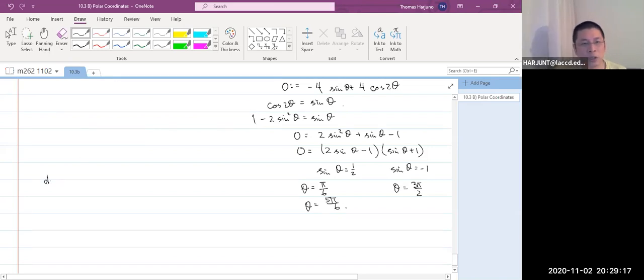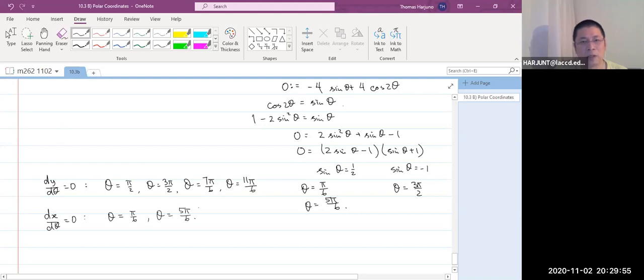In other words, dy d theta equals 0 when theta equals pi over 2, 3 pi over 2, 7 pi over 6, 11 pi over 6, while dx d theta equals 0 when theta equals pi over 6, 5 pi over 6, 3 pi over 2.